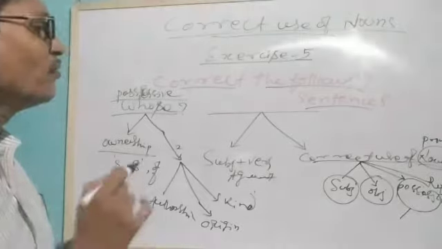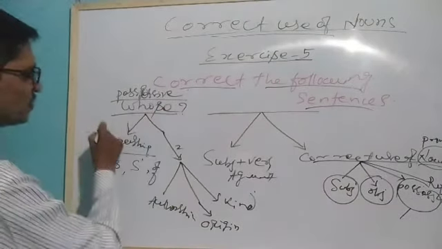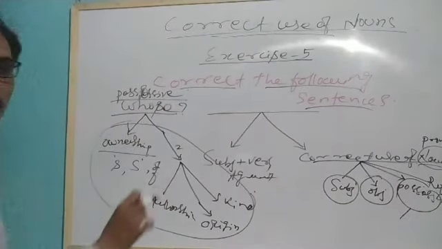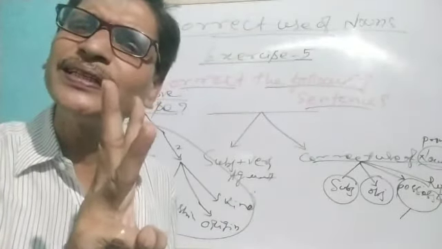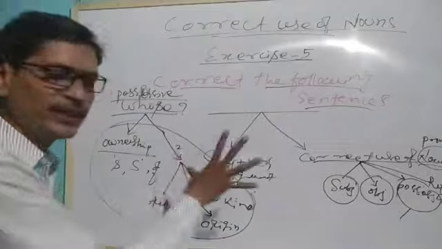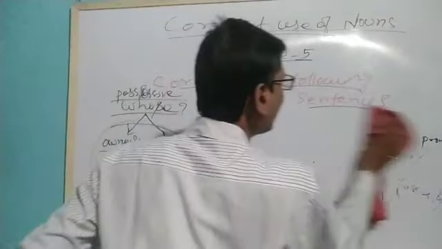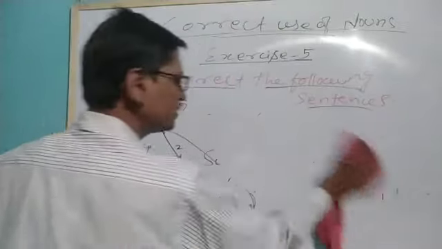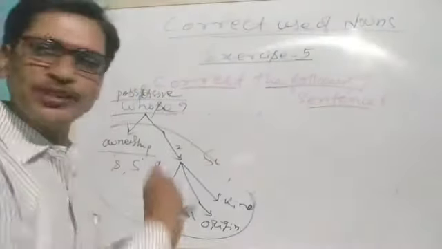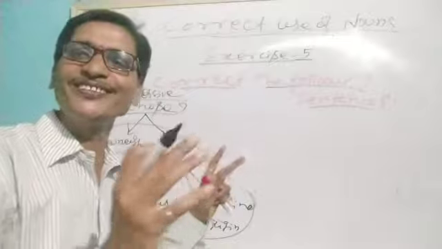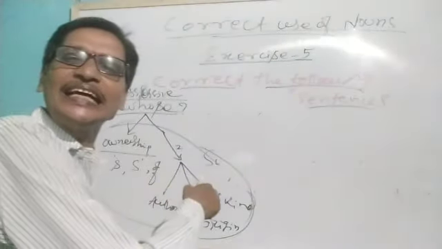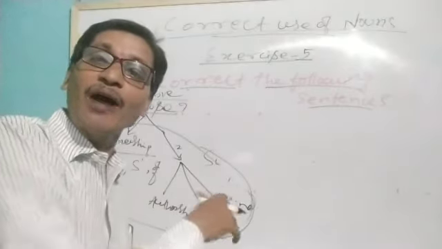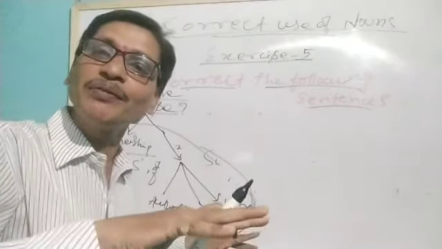Okay. So when we talk about this possessive case, we have three different parts. Let me tell you what we discussed, and I am just writing this to recall. Don't be confused. These have been our topics. We have discussed them in several classes.